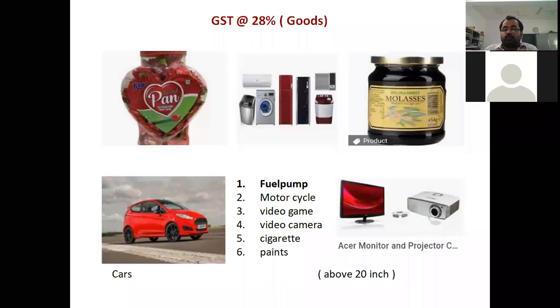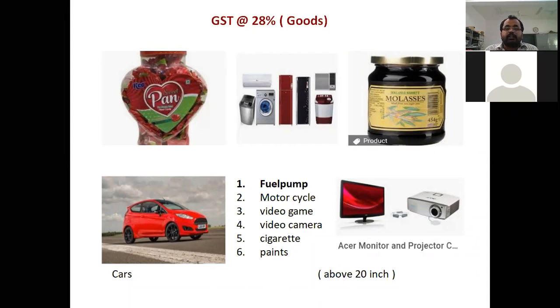The next one is 5%, which means a very low tax rate applicable for some products, 12% for some categories of goods, and 18% for some categories of goods. Here in India, the major portion of goods comes under the 18% GST rate.